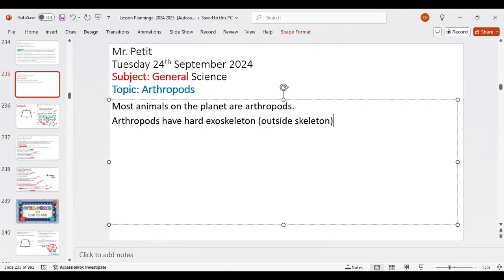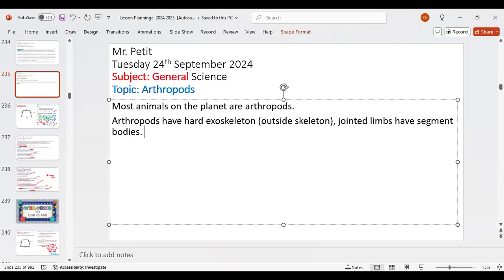They have jointed limbs, and they have segmented bodies. And this is all arthropods. Every last type of arthropod will have a hard exoskeleton, jointed limbs, and a segmented body.